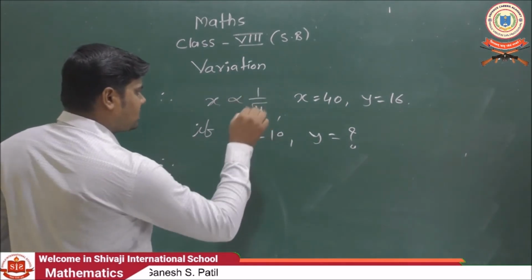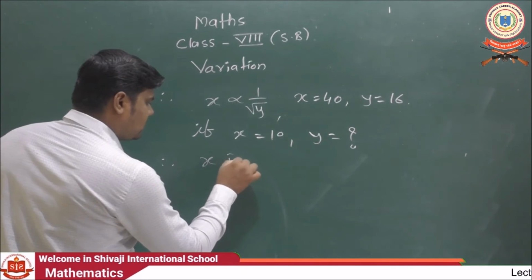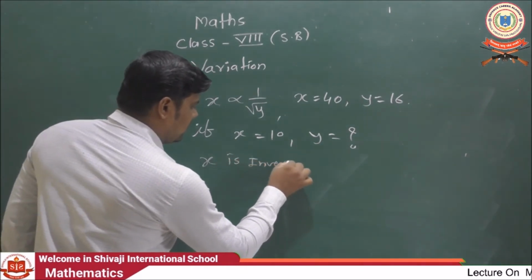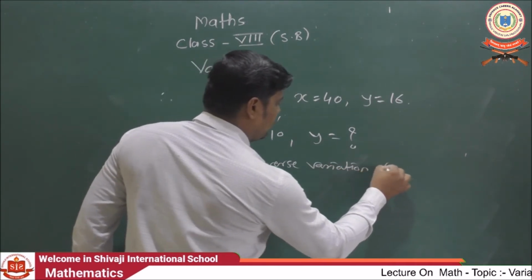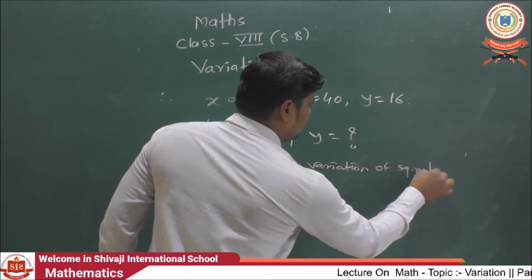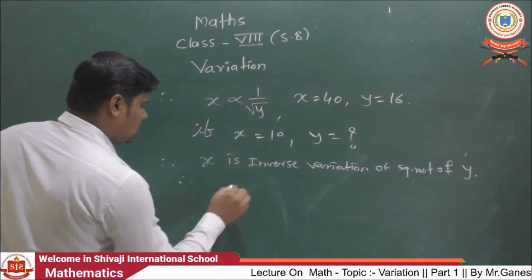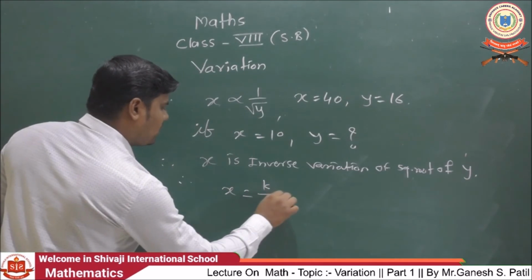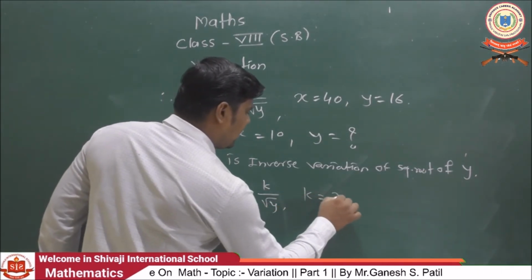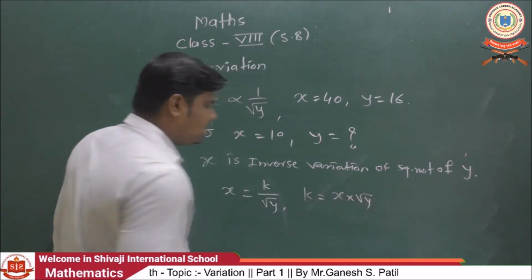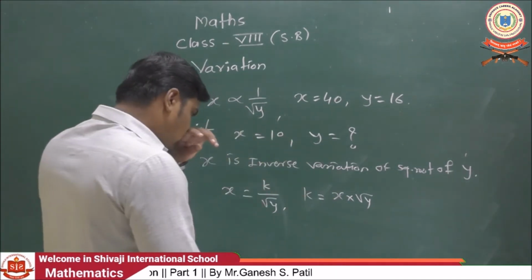X is inversely proportional to square root of y, then x is equal to k upon under root of y, then k is equal to x into under root of y. This is the equation of variation or value of constant.